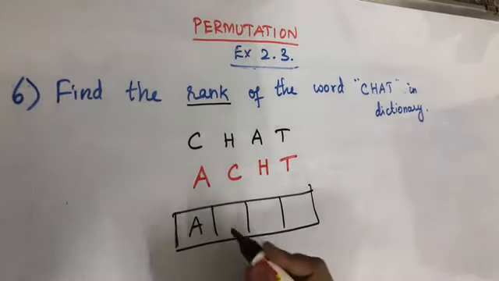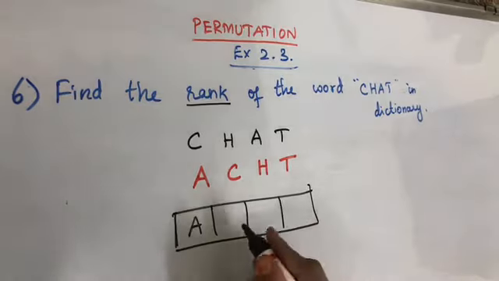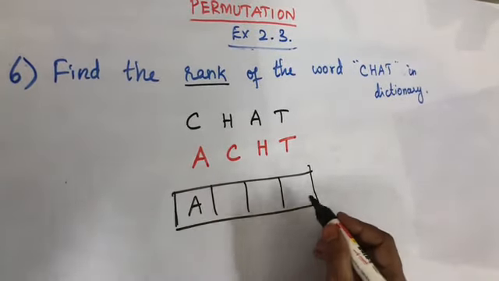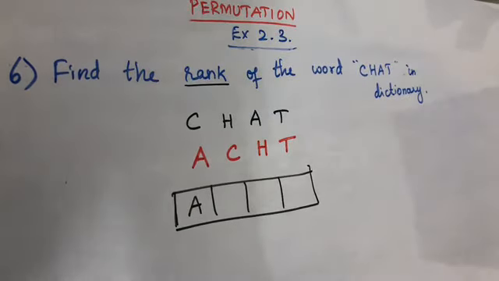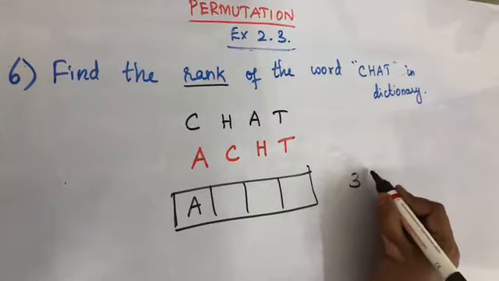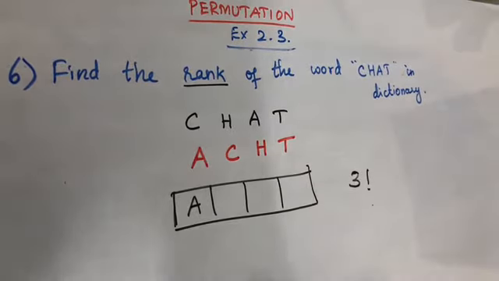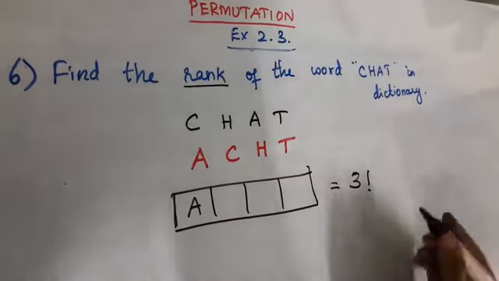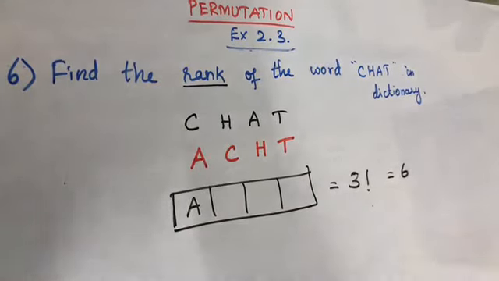So the first place can be filled in 3 ways, then 2, and then 1. So these 3 places can be filled in 3 factorial ways. 3 factorial is equal to 6.